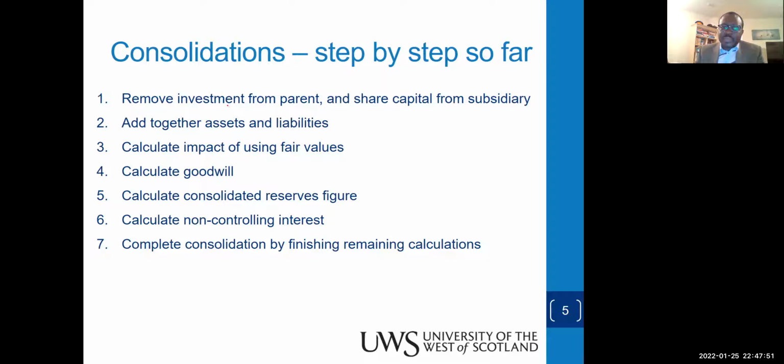Remove the investment in the parent's books against the share capital of the subsidiary, knock them off. Add assets and liabilities together. Let's look at the impact of fair value adjustments. Then we'll look at the goodwill, the reserves, NCI, and then we'll finish off by adding what we are supposed to add and subtracting what we are supposed to subtract.